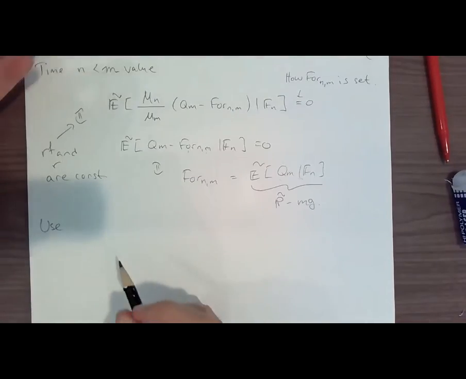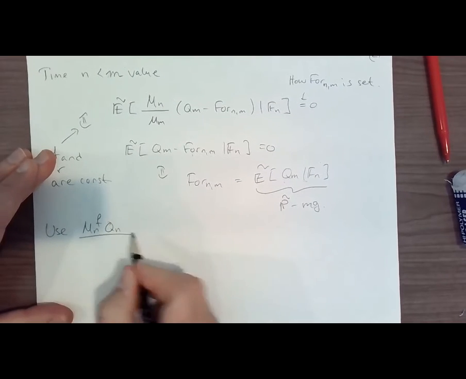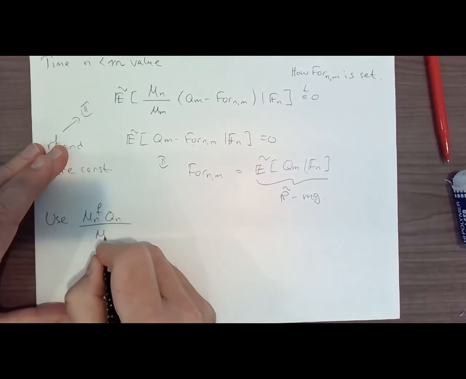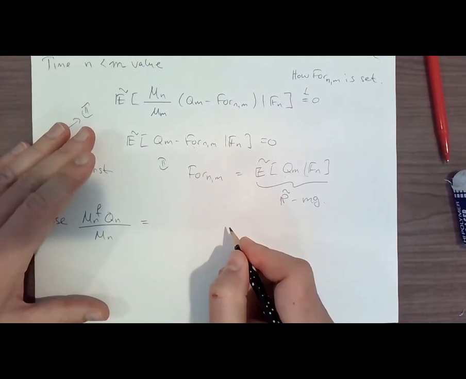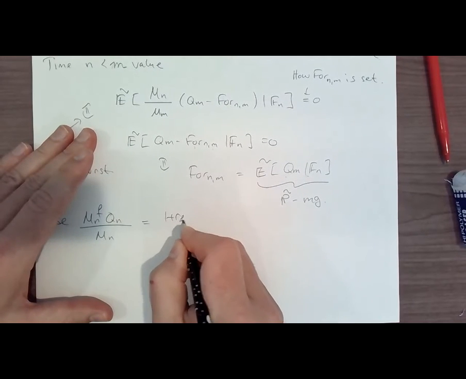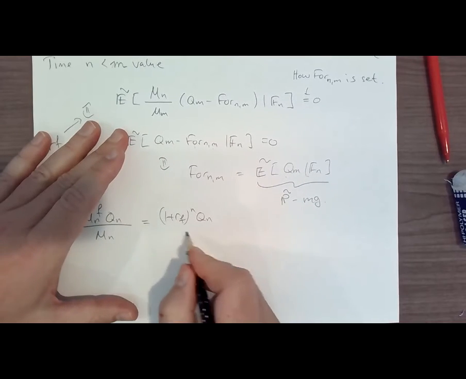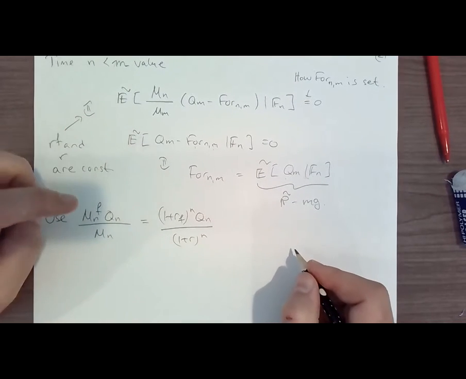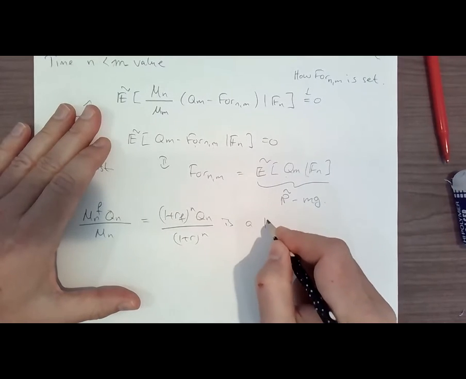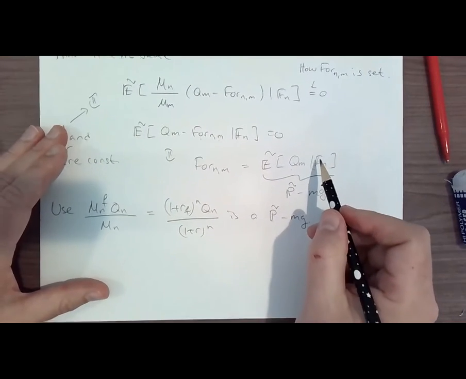We can use that (1 + R_f)^n Q_n divided by (1 + R)^n. We can use that this thing here is a P tilde martingale to work out what this one here is.